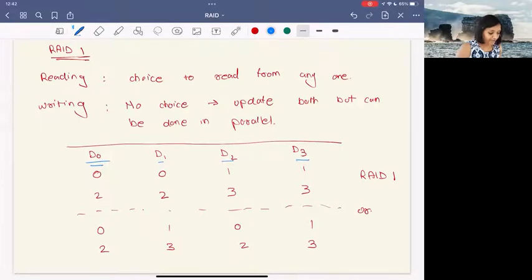But we cannot tolerate failure of disk 0 and disk 1 both, or a failure of disk 2 and disk 3 both, because then we would lose that data. So depending on where we are storing redundant copies of data, we could tolerate failure of at least 1 disk, right? Definitely at least 1 disk, but up to N by 2 disks.